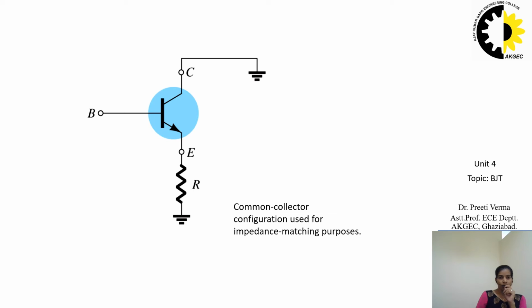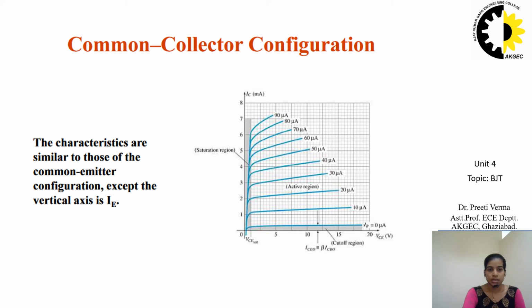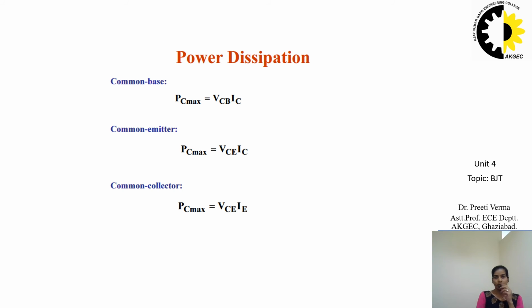For the input circuit of the common collector configuration, the common emitter base characteristics are sufficient. This diagram is showing the common collector configuration characteristics. The characteristics are similar to those of the common emitter configuration, except the vertical axis is IE.